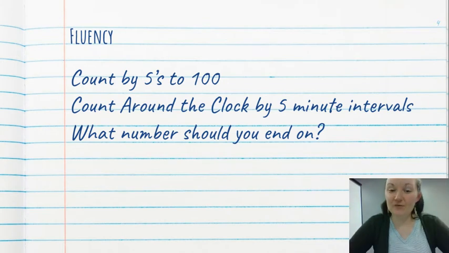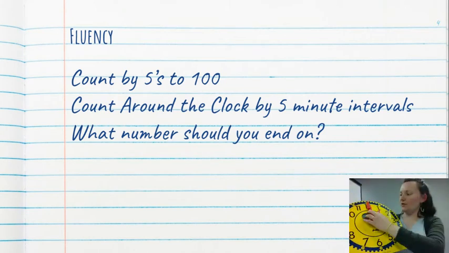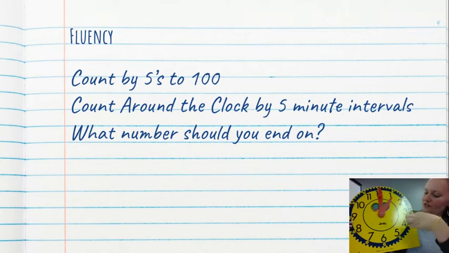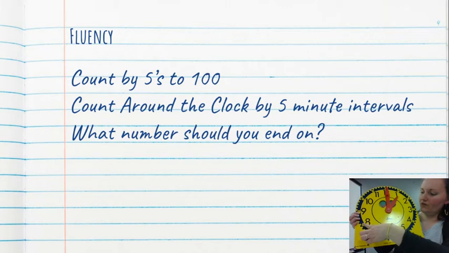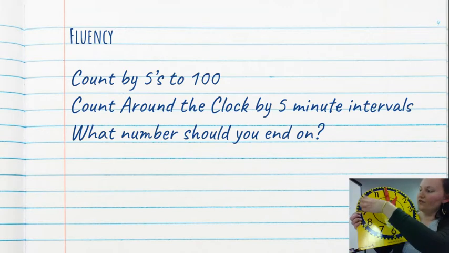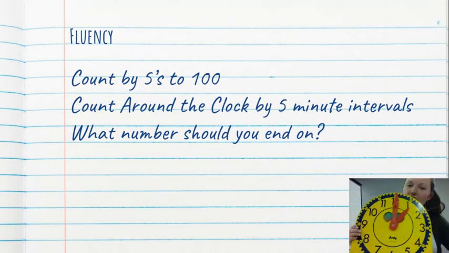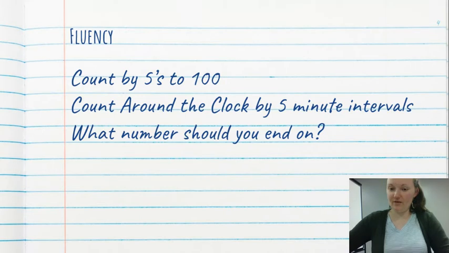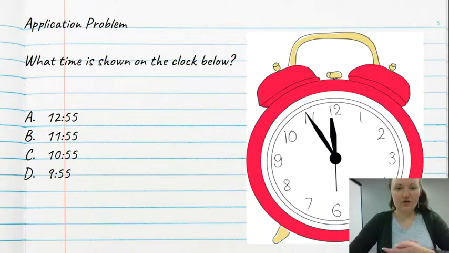All right, now we're going to count around the clock. 5, 10, 15, 20, 25, 30, 35, 40, 45, 50, 55, 60. These are all our 5s. You probably remember that from our math song. Okay, hopefully.